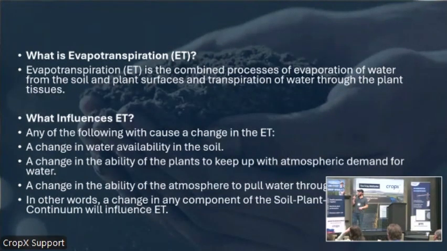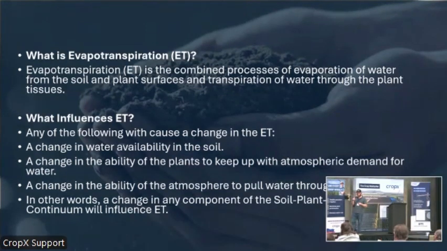So with his, as I said, ET is a combination of two physical processes, right? And ET is not just influenced by lack of moisture. It could happen because of disease, pests, a load of reasons, any sort of stressors.